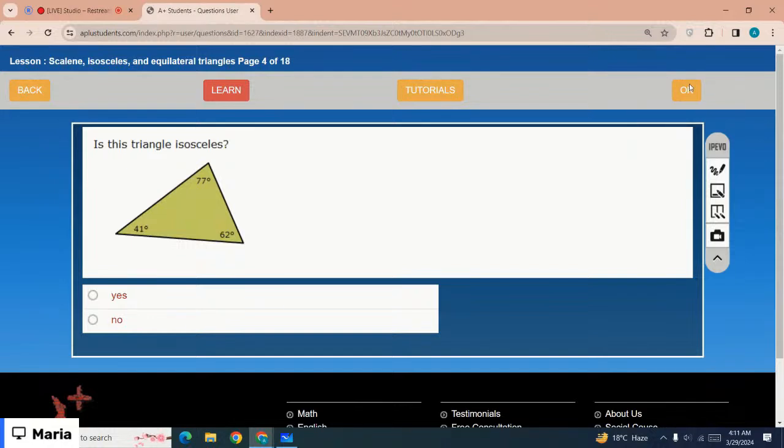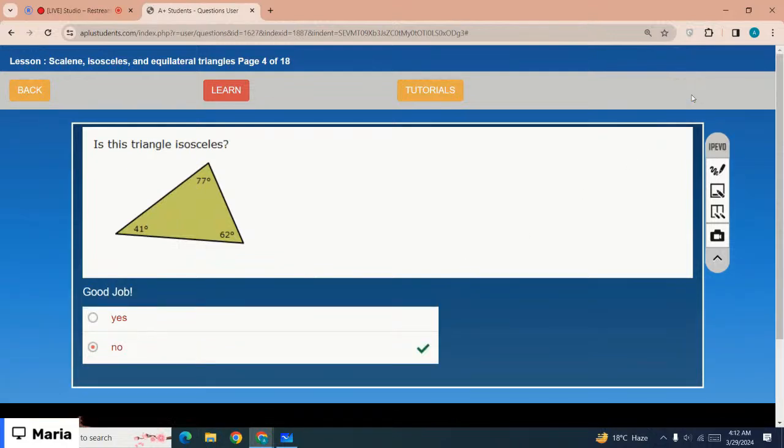Is this triangle isosceles? The correct option is no, this isn't an isosceles triangle, right?